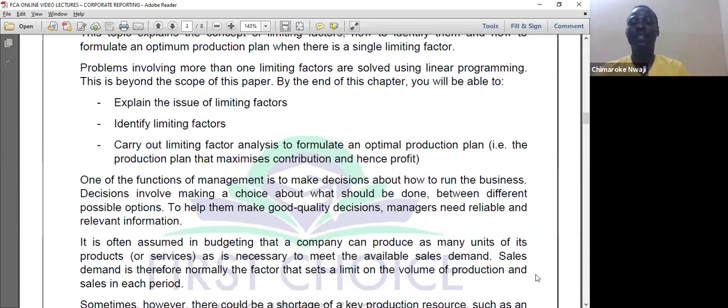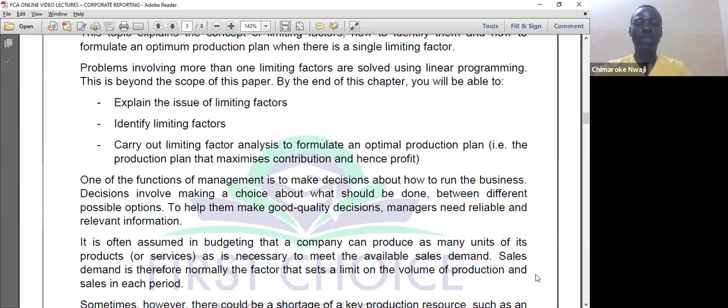So that's normally the major principal budget factor or the limiting factor. What will limit what we can produce is how many you can sell. How many you can sell will be determined by how many customers that you have.